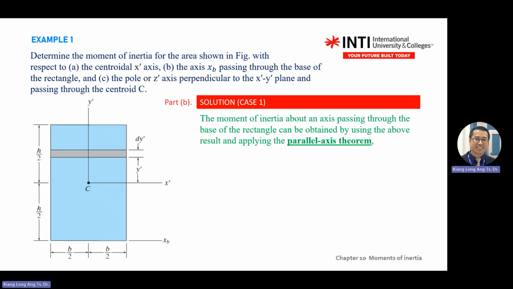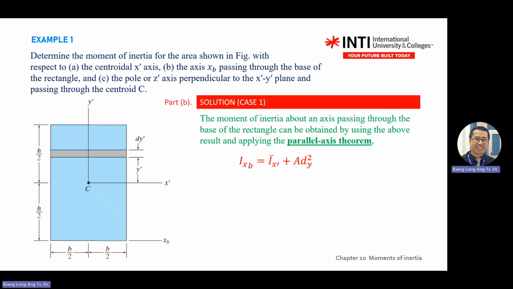Part B, from the axis, we use the parallel axis theorem because we are moving from the centroid to another distance from the centroid. So we are using this formula, Ix equals I centroid plus A d squared. So the moment of inertia about xb equals the centroid moment of inertia, like you find in section A. I bar x prime is 1/12 b h cubed that you calculated.